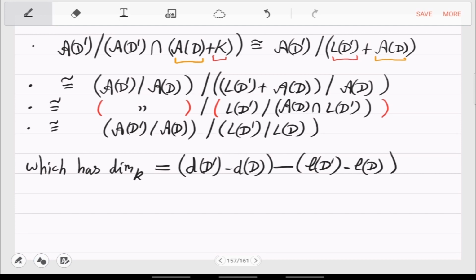We know the first quotient and we know LD prime and we know LD. So we get this by property 2 and properties of the LD sheaf.